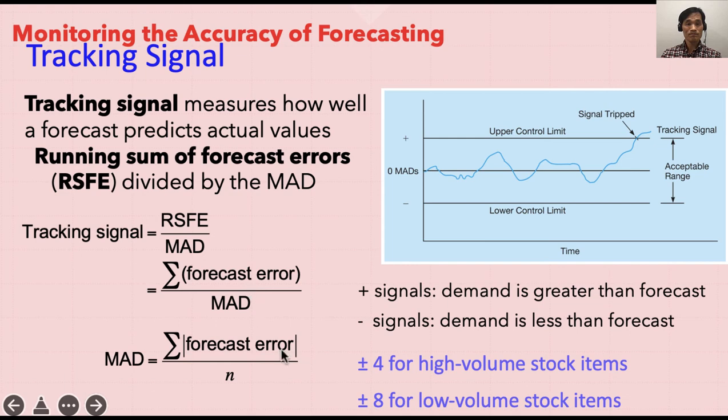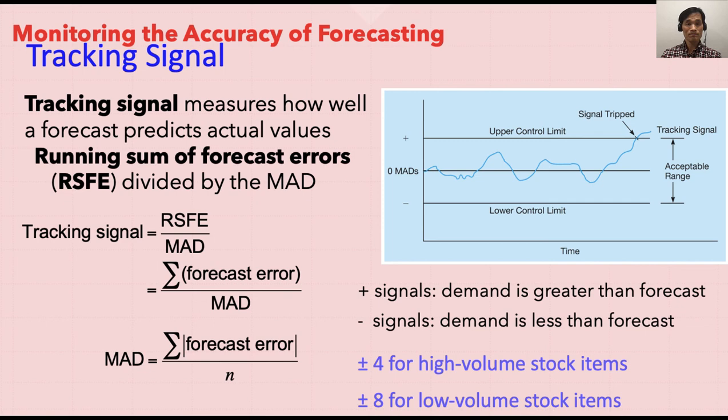And if it is within plus minus 4, it is pretty good. In high volume stock items or industry, if it is staying within the plus minus 4 range, then the experts say it's a pretty good forecast model. If it goes beyond plus minus 4 in a high volume stock item industry, then you can tell that your forecasting model is going out of control, is not performing as good as you would like to see.